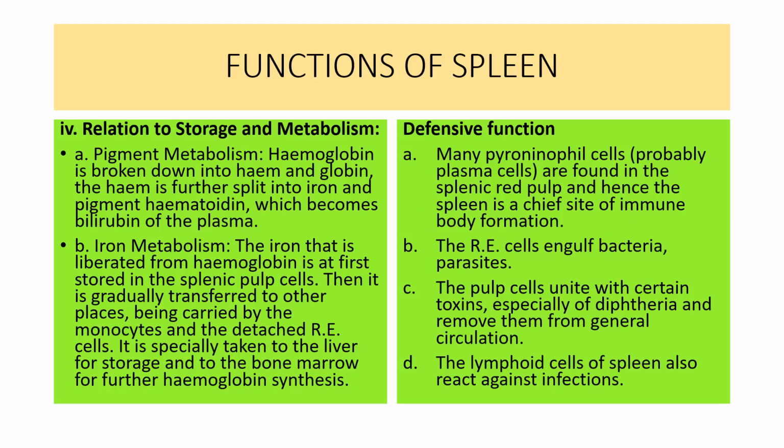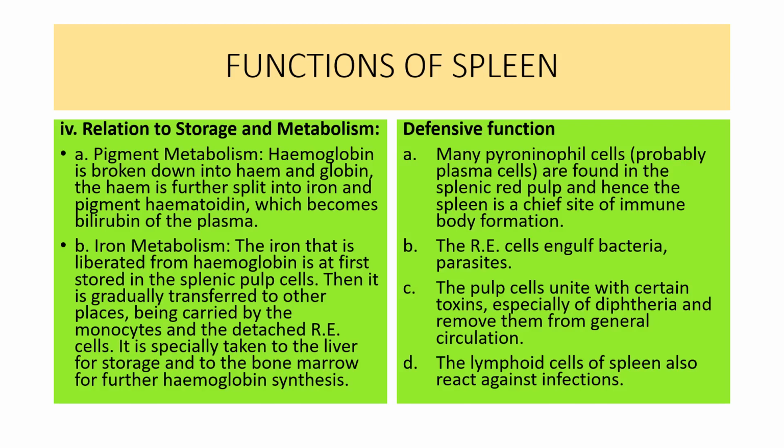Next is the relation to storage and metabolism. First is pigment metabolism. Hemoglobin is broken down to heme and globin. Heme portion is further split into iron and the pigment hematoidin, which becomes bilirubin of the plasma. Iron metabolism.